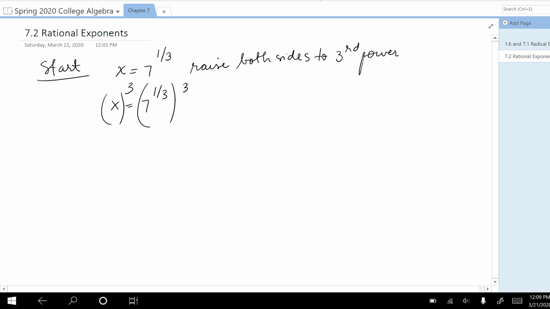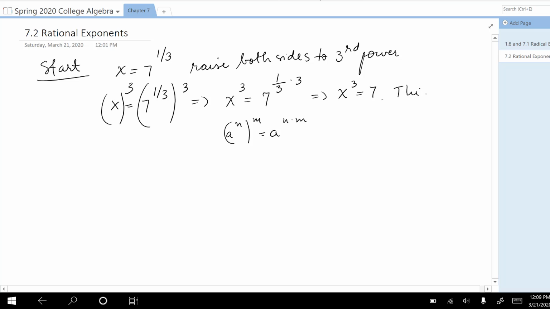Well, what's going to end up on the left hand side? X to the third, and on the right hand side is going to be 7 to 1/3 times 3, based on the properties a to the n to the m equals a to n times m, which we've seen in the previous lesson. So we get x to the third equals 7, right?